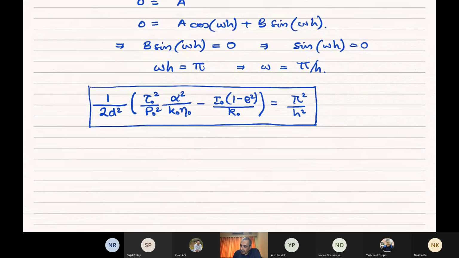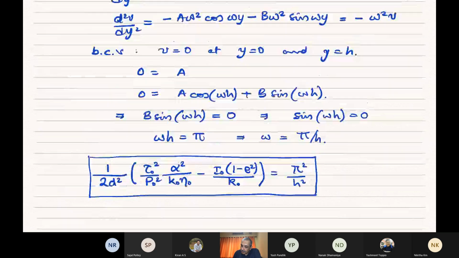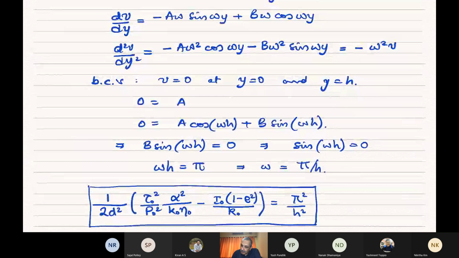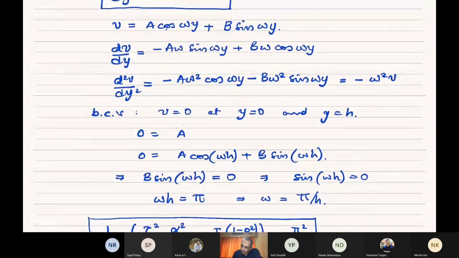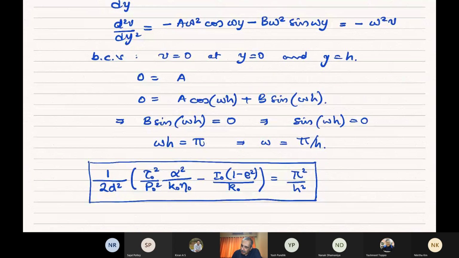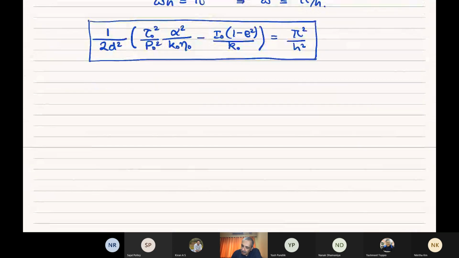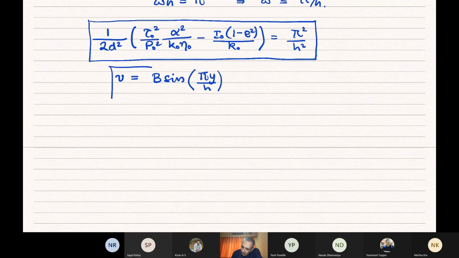And of course, the main thing that we wanted to solve was for the velocity v. So this is the equation that we want. And so we will have now that v is just equal to b sine of pi into y divided by h. So this is it.